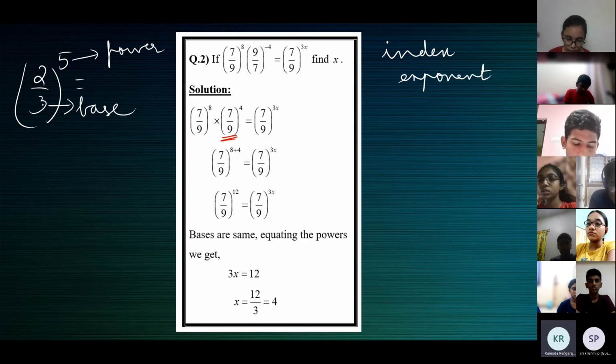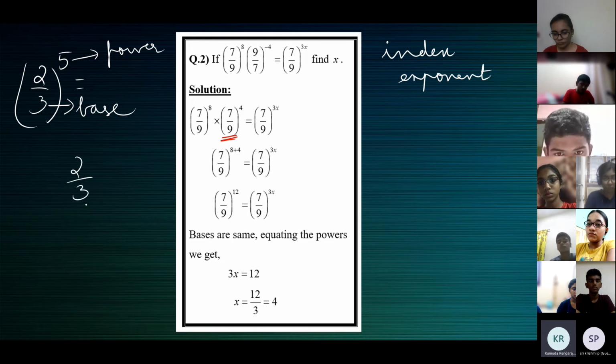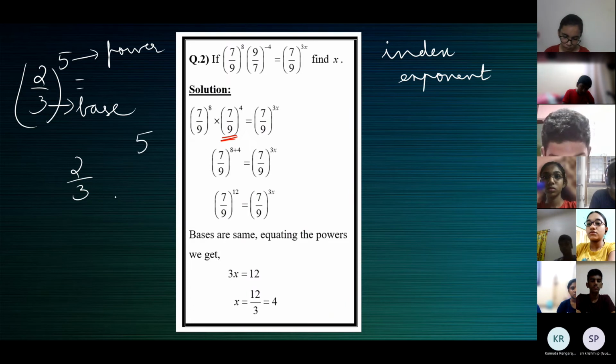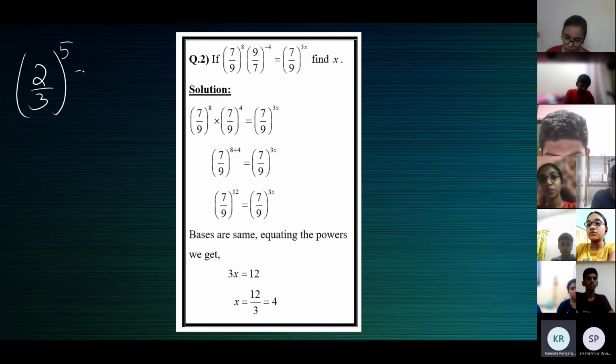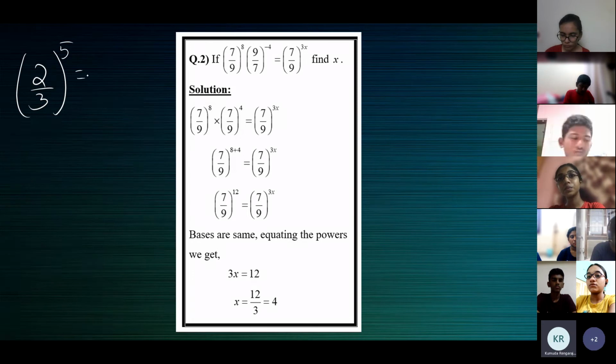Now here in this one, (2/3)^5, 2 by 3 is called the base and 5 is the power. Now what are we going to understand? We're going to understand how to write the equivalent of (2/3)^5. Now remember these two lines. Reciprocal of the base, negative of the power.